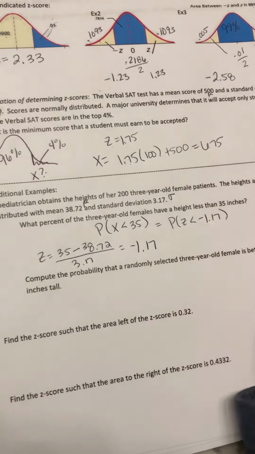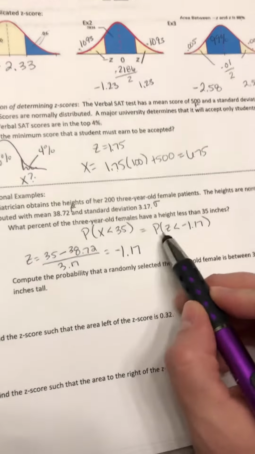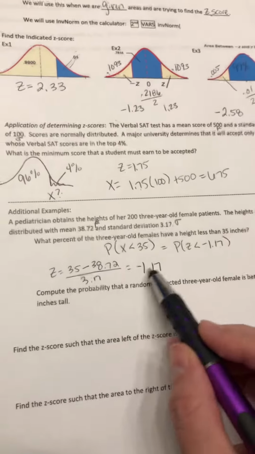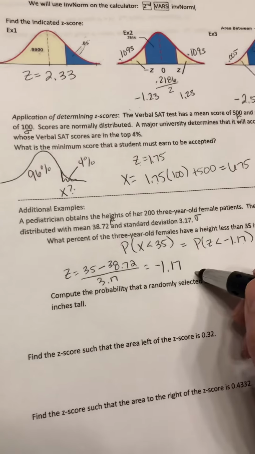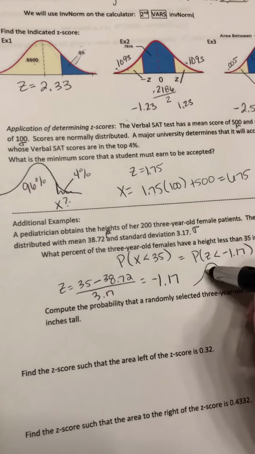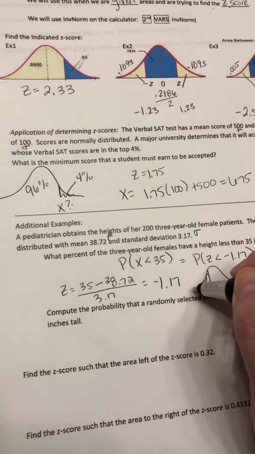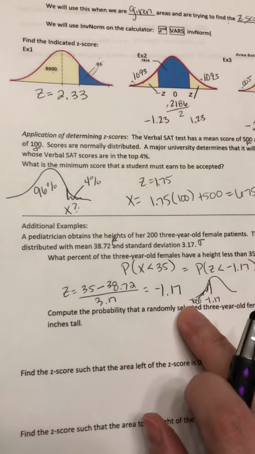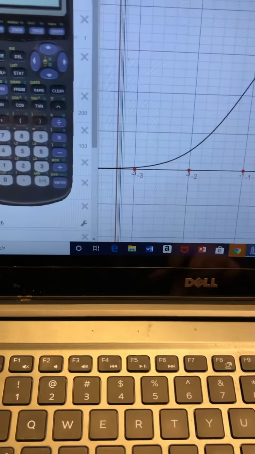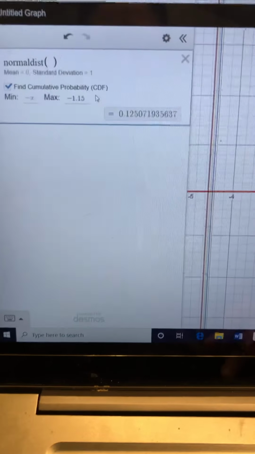So when I do this on the calculator or on Desmos, again, if you want to draw it, here it is, negative 1.17. I can use the chart, or I can go back and use Desmos. Like I said, I like Desmos simply because it gives me a nice little graph.